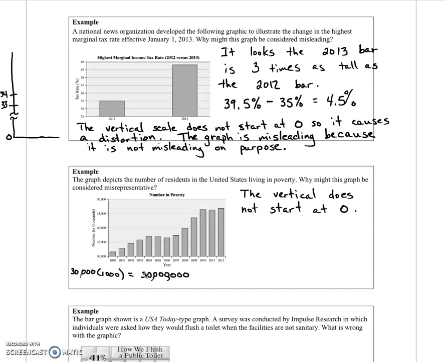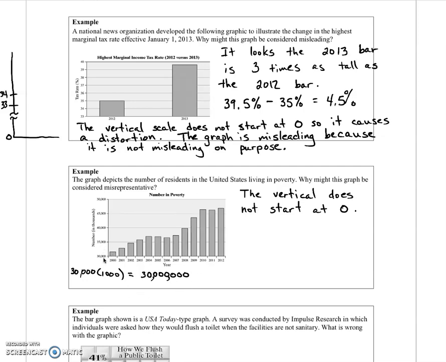So it's 30 million people. I think. Now I'm second guessing myself, so. No, 30,000 people. I was right. So that's a very, very large number.